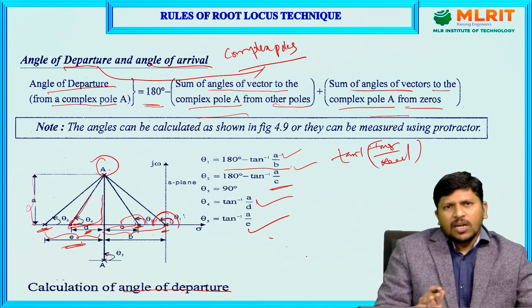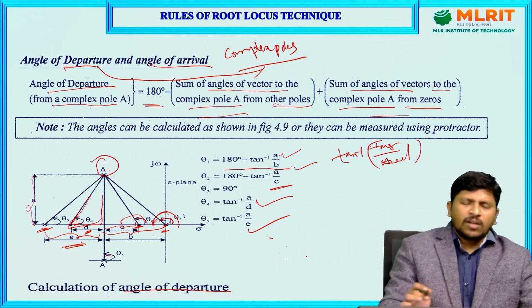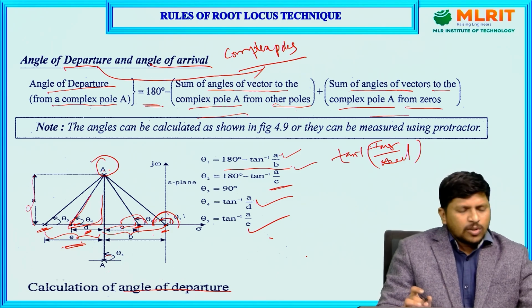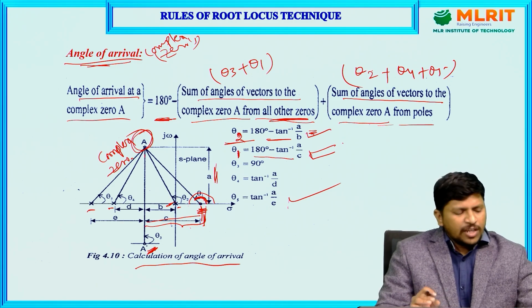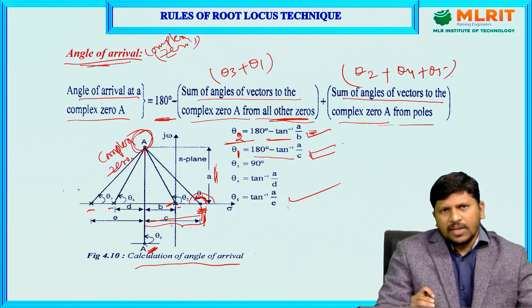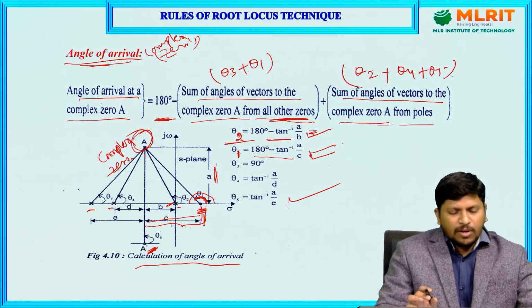Next, angle of departure and angle of arrival. When complex poles are available, we need to calculate the angle of departure. This formula is very important. And also the angle of arrival: when complex zeros are available, we need to calculate the angle of arrival. This is also a very important formula. You can remember all of these.